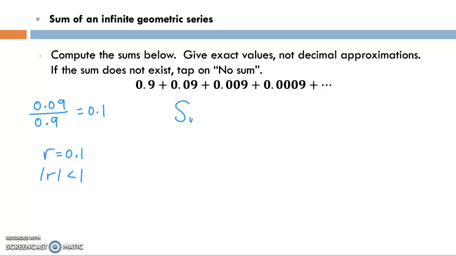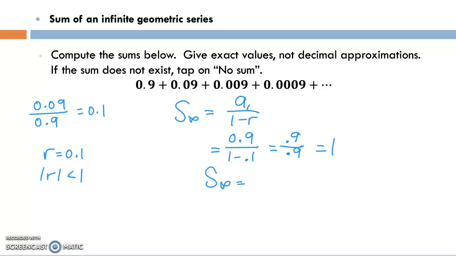The sum of these infinite terms is going to be a1 divided by 1 minus r. The first term is 0.9. Then we divide by 1 minus 0.1, and we'll get 0.9 over 0.9. So the infinite sum is equal to 1. There's that example. Let's do one more.